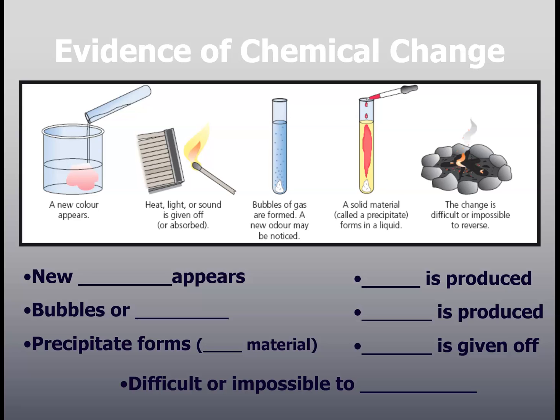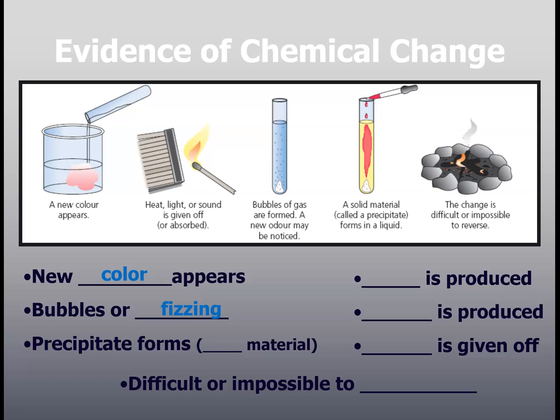So, evidence of a chemical change. How do we know we have a chemical change? Well, new colors can appear. Bubbles or fizzing. If you add something together with water and it bubbles or fizzes, or if you add something with another, say baking soda with vinegar, we get bubbles or fizzing.